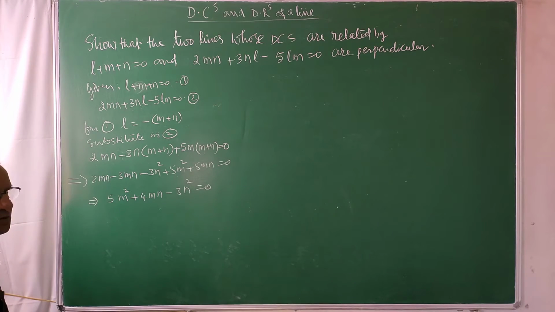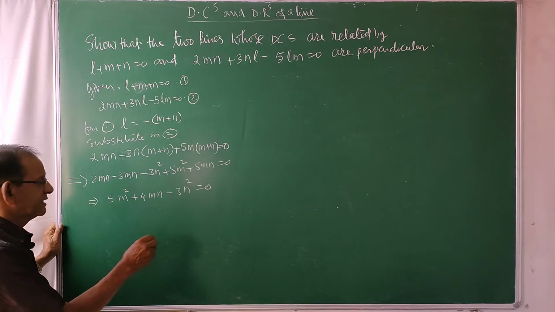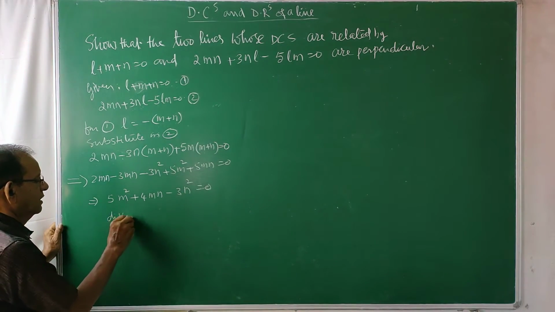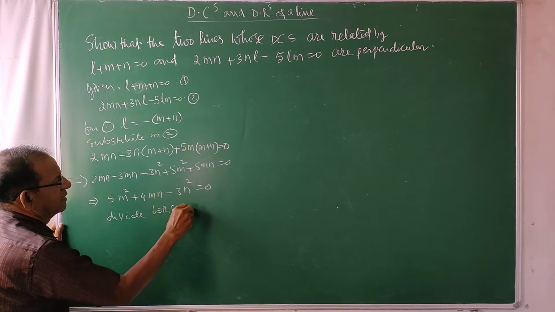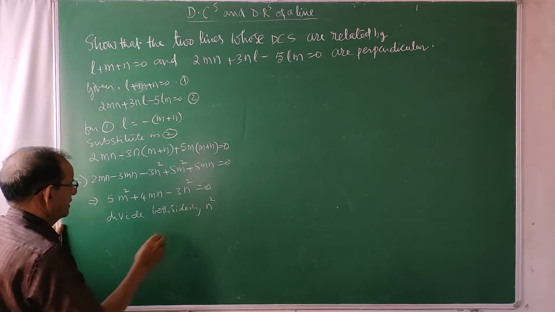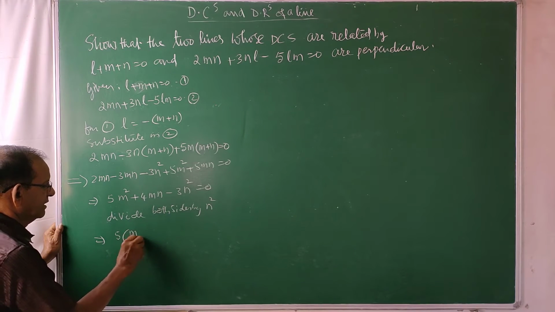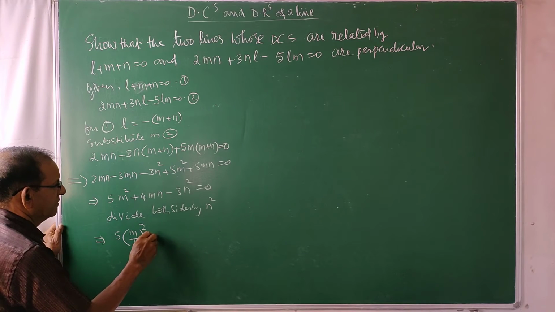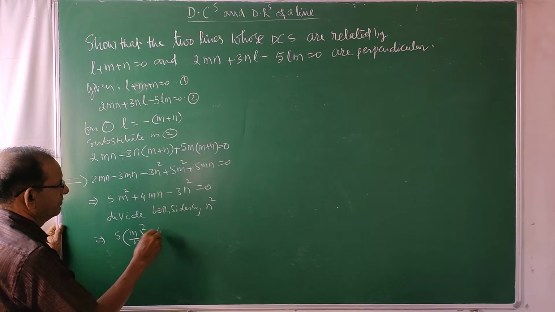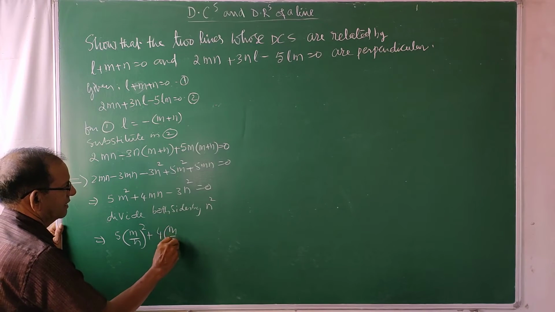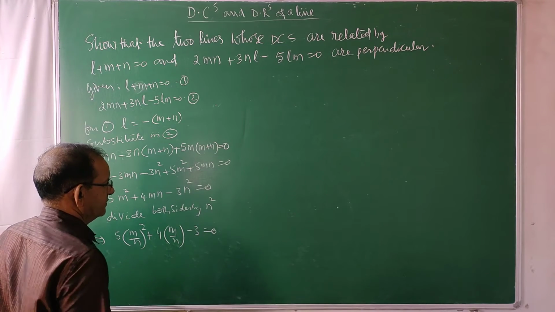So here to get this answer in a different way, divide both sides by N square. That implies 5M square by N square, 5 into M by N whole square, plus 4MN by N square, one N is cancelled, 4 into M by N, minus 3N square by N square means minus 3 is equal to 0.